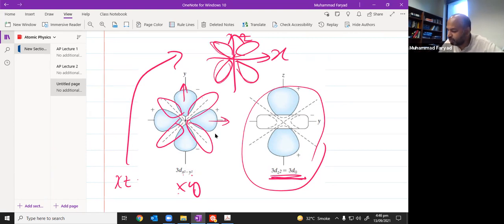Similarly, when it is the yz sub-label, it is in the yz plane. And then the other two are plotted here. This is dz square or d naught that we just saw. It has these high probability contours along the z-axis. And for x square minus y square, it has these contours along the axes, not inside these planes.